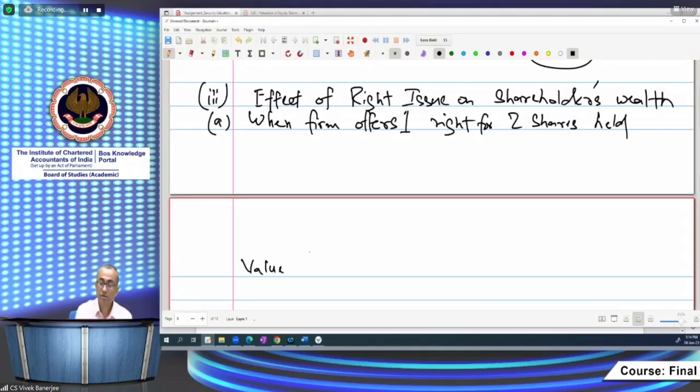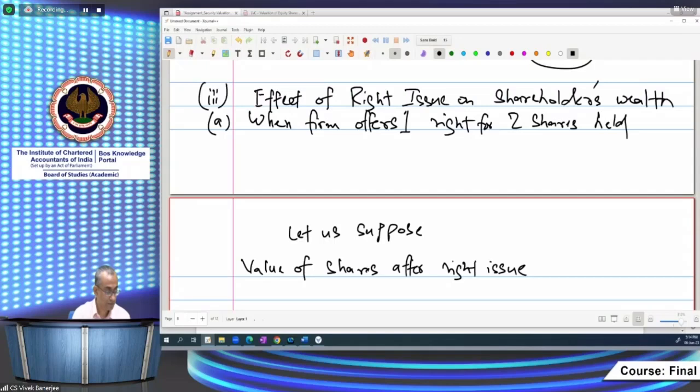So value of shares after right issue. Let us suppose investor is holding 100 shares.